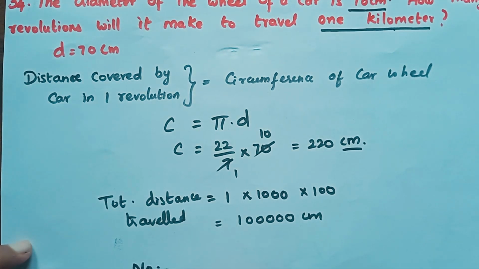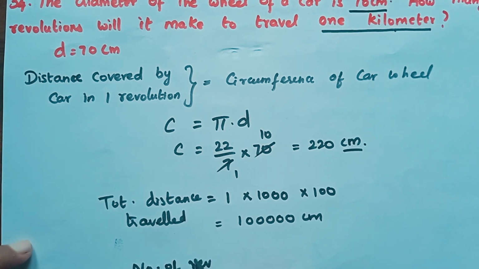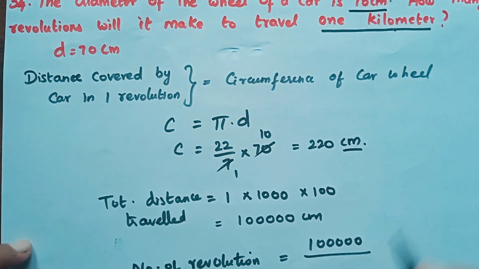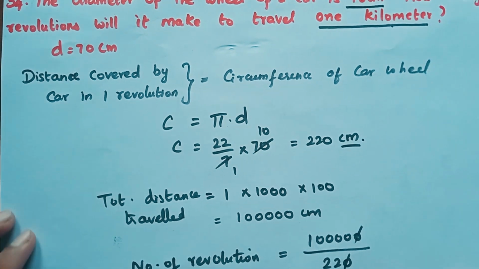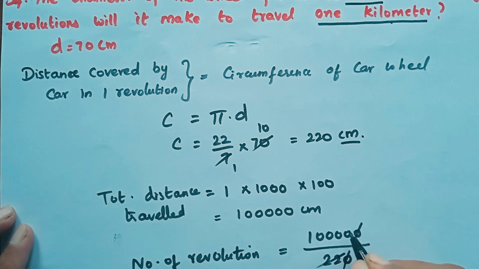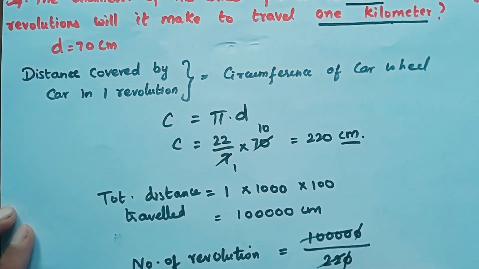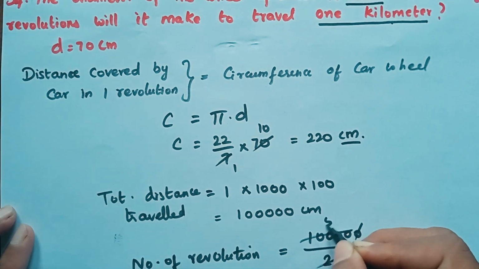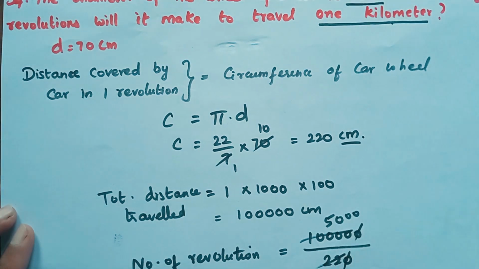Now find out the number of revolutions. To find the number of revolutions, divide the total distance by 220. Cancel out 0 and again cancel using the 2 table, 5000.